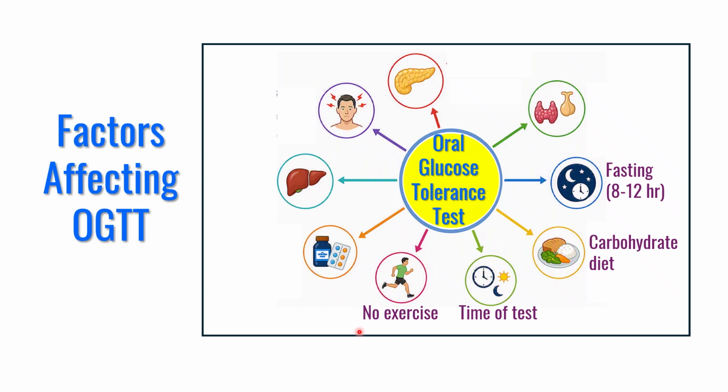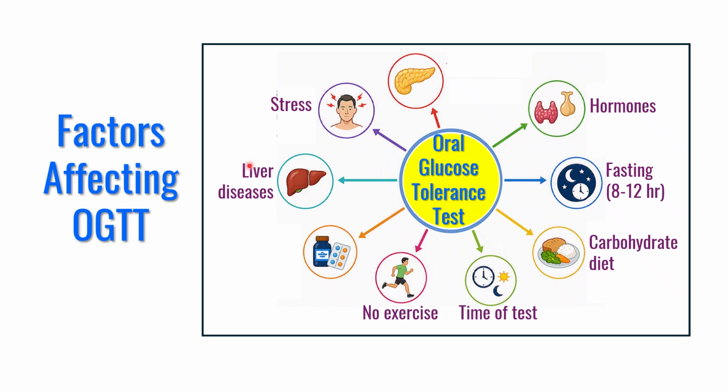Next, the patient should not undergo extensive physical exercise during or before the test, as it will lead to increased glucose utilization. Certain hormones released from pituitary as well as thyroid glands, such as cortisol, growth hormone, glucagon, and thyroid hormones, can decrease glucose tolerance. Liver diseases can also impair glucose metabolism and its utilization.